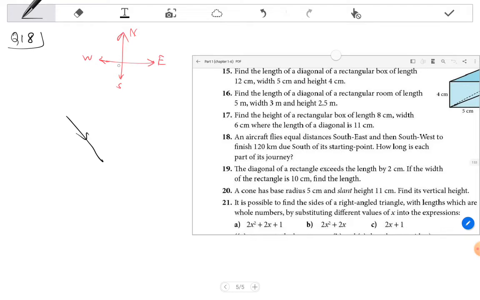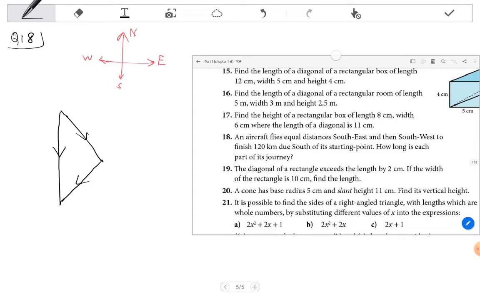Southwest. Southwest is this. So it goes southwest, and it reaches due south of it. So it finally reaches... it's actually the displacement of this particle.